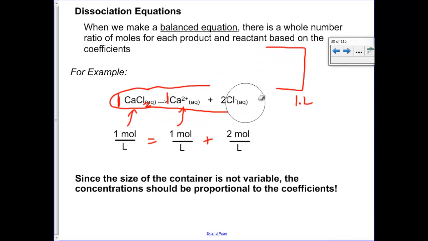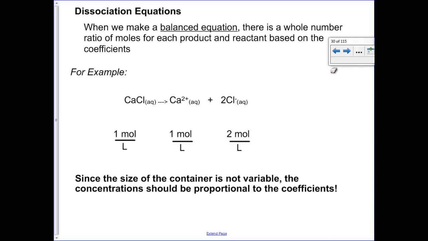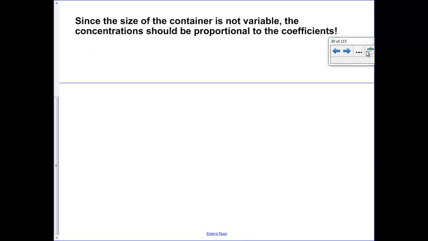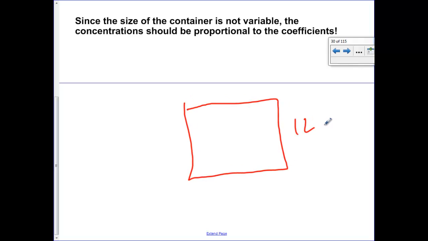Let me try that one more time. See if I can try that again. Let me try to draw it a little bit better. Okay. Let me draw just a container here. Imagine that container is 1 liter. And inside, we're going to put a molecule of CaCl2. So let's pretend that this guy right here is the Ca, and that this guy right here is a Cl.